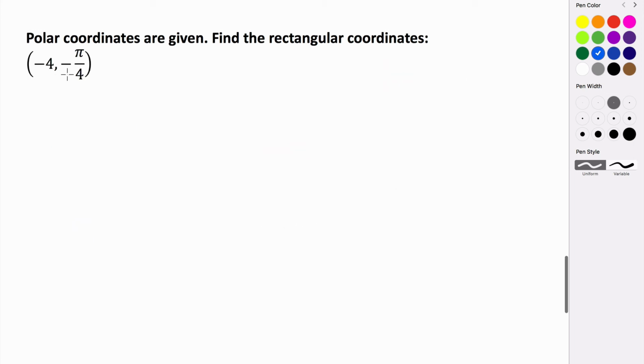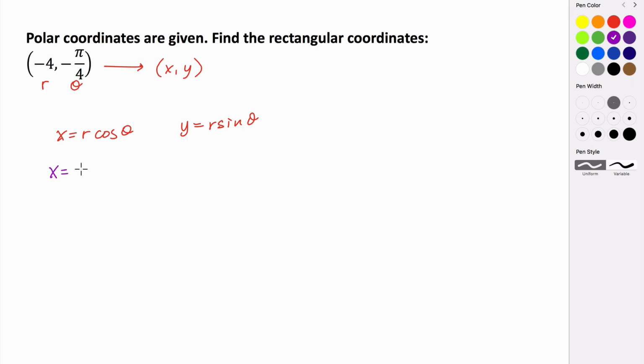We have the points -4 and -pi over 4, and again we want to find the rectangular coordinates for this. So this is r and this is theta. So again, we're converting it into x and y. So x is r cosine theta, y is r sine theta, and let's go through and plug these in.